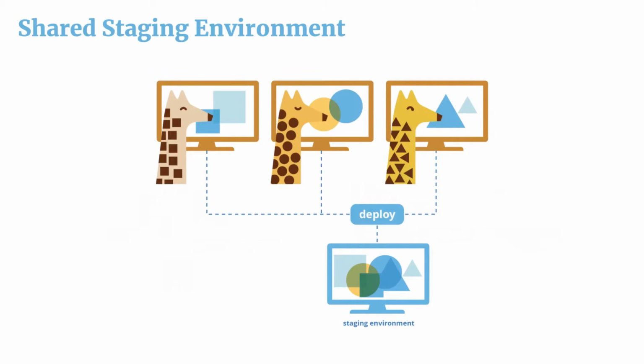One tool that Giraffe uses as part of their development workflow is a shared staging environment. This is an environment shared amongst all developers collaborating on a repository. A shared staging environment aims to mimic the production environment as closely as possible to ensure all new changes are working as intended before they are released live. Different types of testing can occur when code is pushed to this kind of environment.